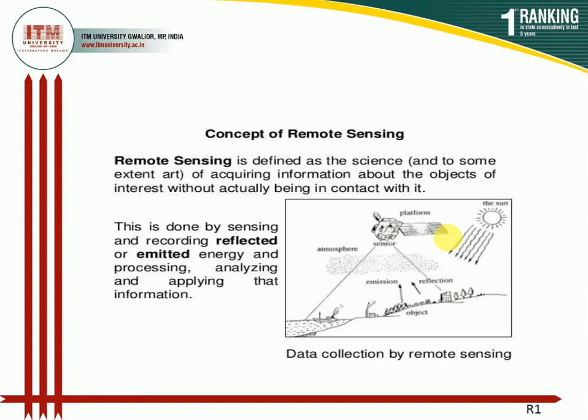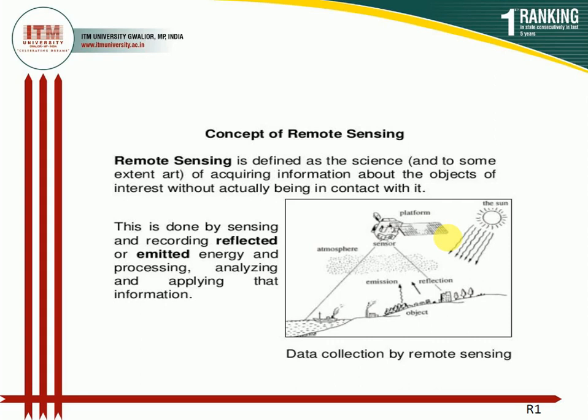The main concept of remote sensing is that the light, sorry, the light may be artificial or the light may be natural. The light ray strikes the surface of the earth, the vegetation or the land feature absorbs or reflects back that radiation.